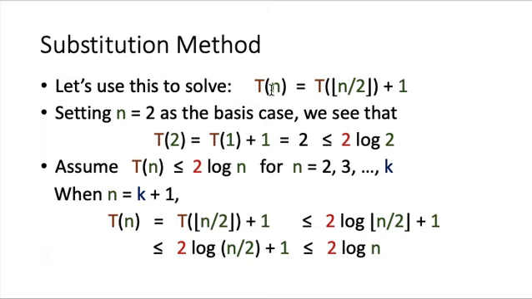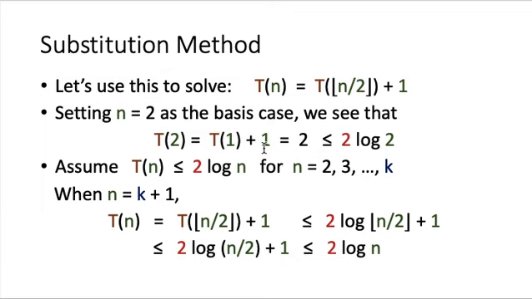This time, let us go back to the recurrence that we have just seen. T of n is equal to T of n over 2, taking the floor here, plus 1. And for this, let us use n is equal to 2 as the basis case. We see that T of 2 is equal to T of 2 over 2 floor, which is T of 1, plus 1.